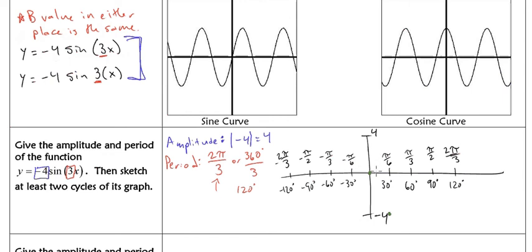Our next key point would be at pi, and sine would be back to 0. For us, it's all happening again 3 times as fast. So 180 degrees, that's only 60 degrees for us here. There we are. And hopefully you can start to see our pattern now.